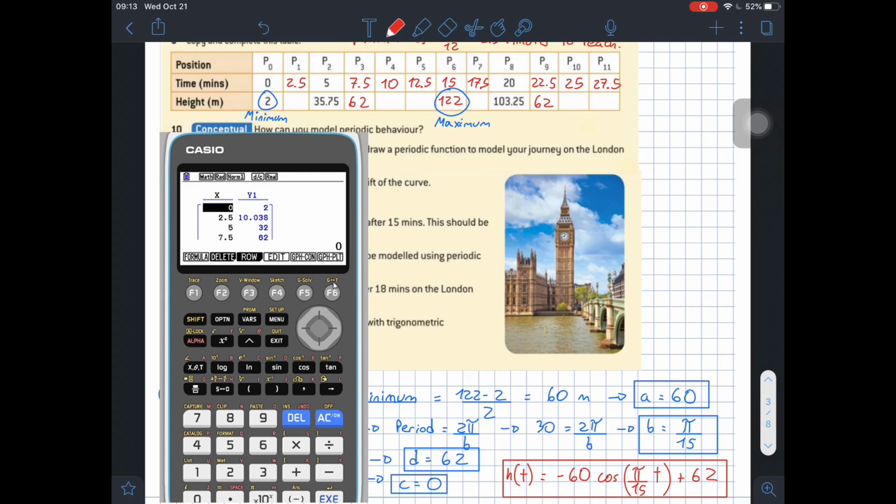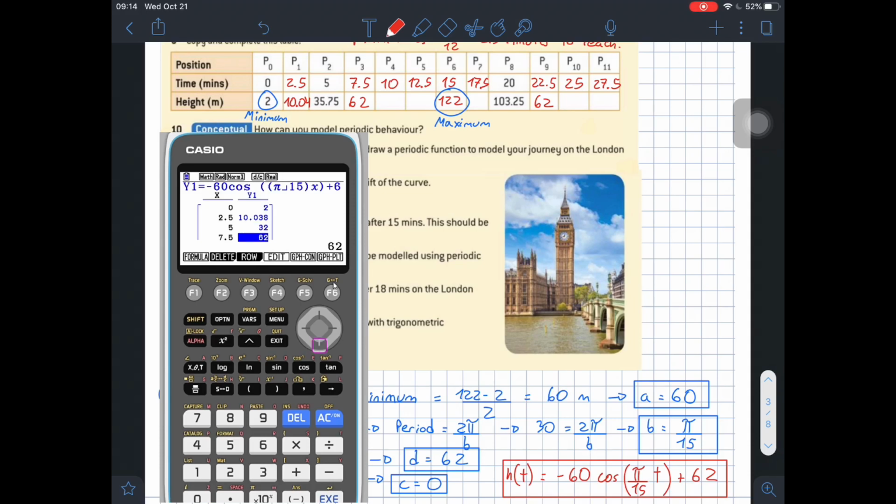P0 starts at 2. Then P1 is 2.5 in time, and here's the height. I'm going to fill in here. This is 10.04, using 2 decimal places, so 10.04 is fine. Then we already have P2, we already have P3.